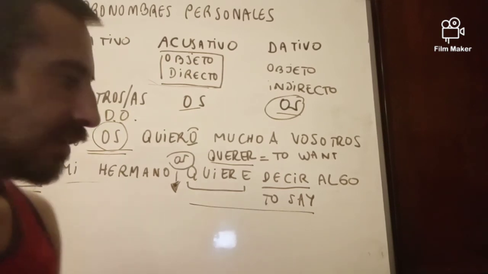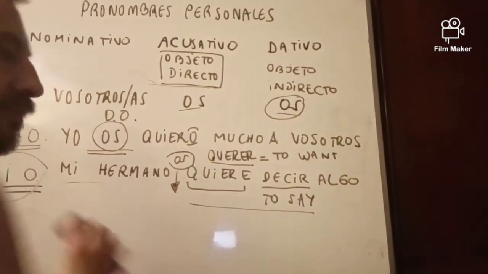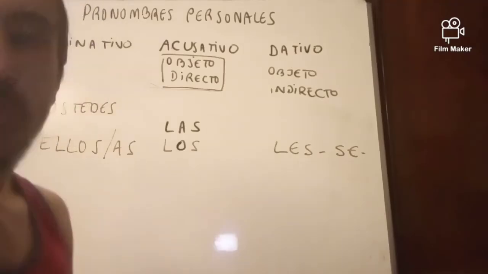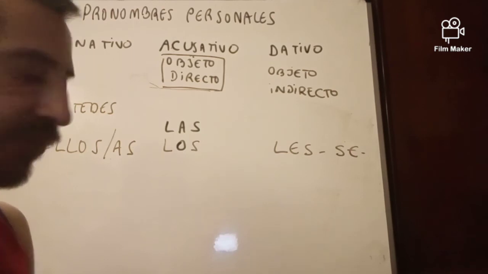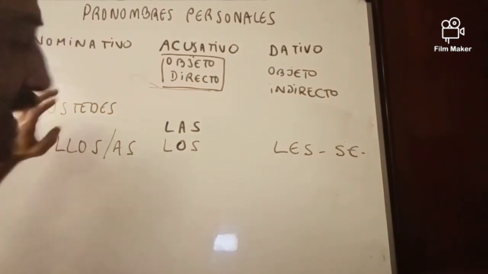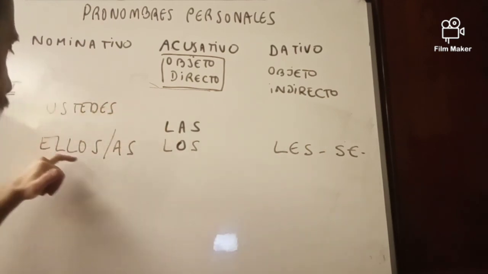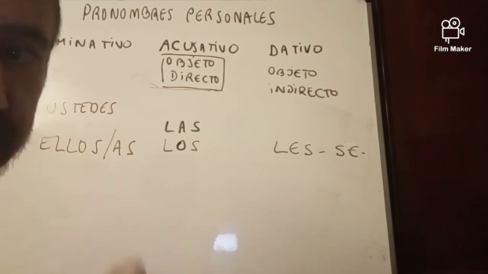And let's see the third person in the plural. Well, again, remember that for the second person in the plural in Latin America, ustedes, the way will be the same as for ellos, ellas, as for the third person in the plural.